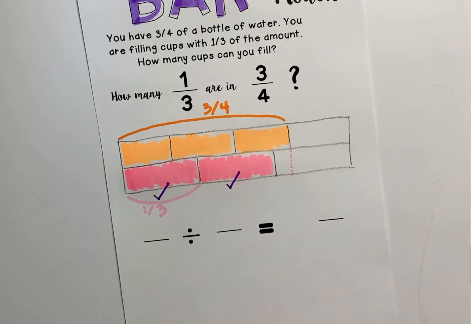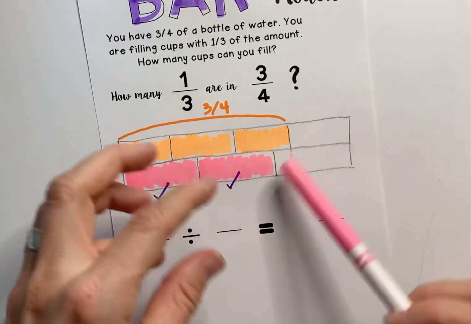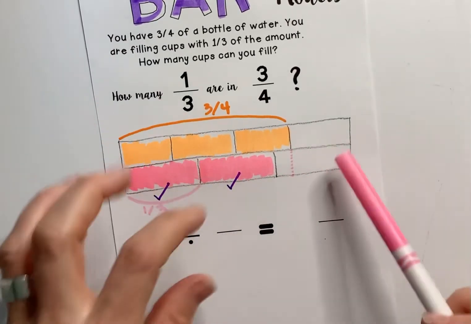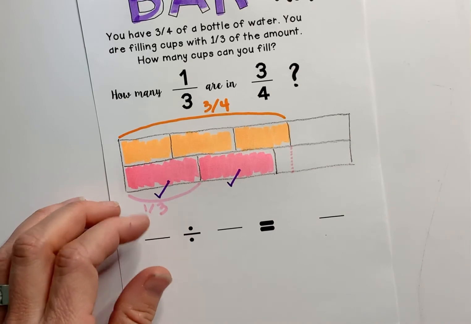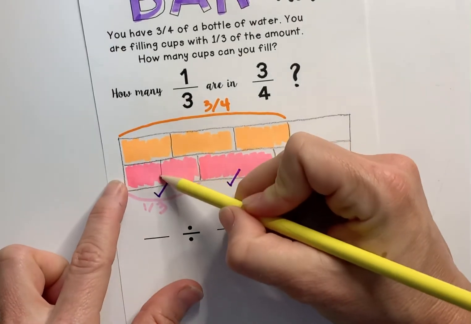So to figure out how many that is, what we can do is think of, if I were to have thirds and fourths, how can I get the same size pieces in both of these? All right, well, I can split my thirds, my pink bar, into fourths.